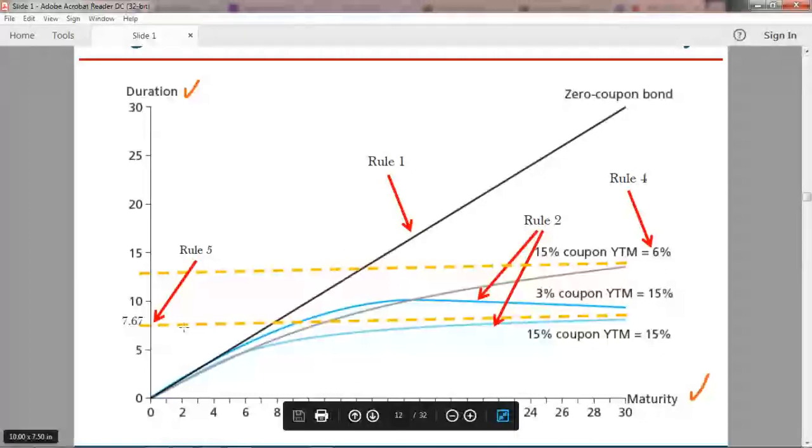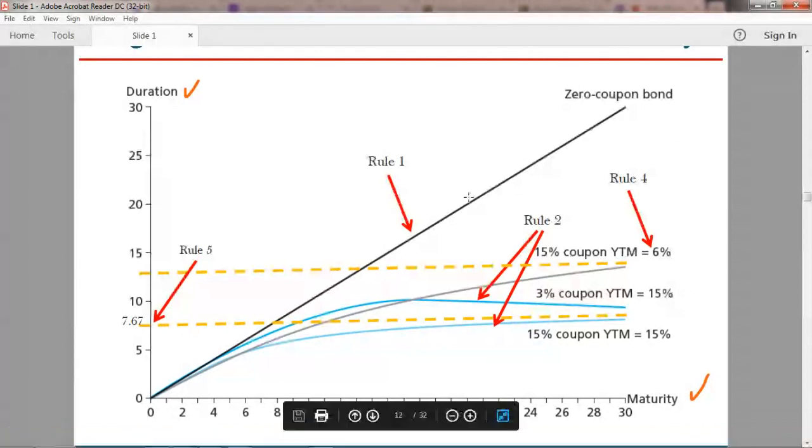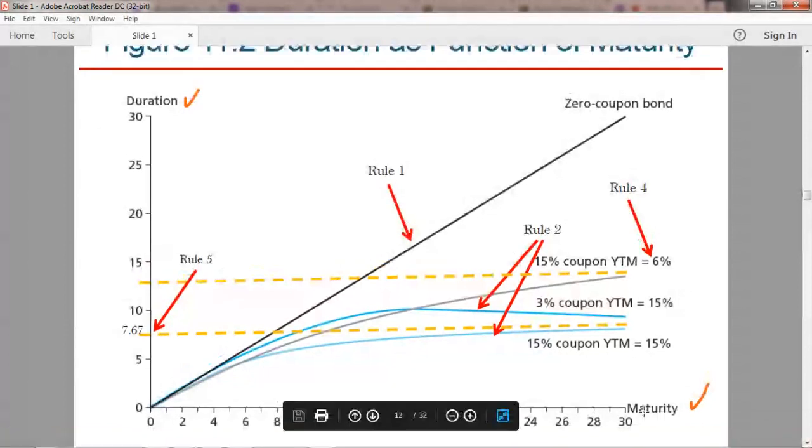Of course, between duration and maturity there is some positive correlation. The longer the maturity, the longer the duration. And there's a one-to-one correlation in a zero coupon bond.